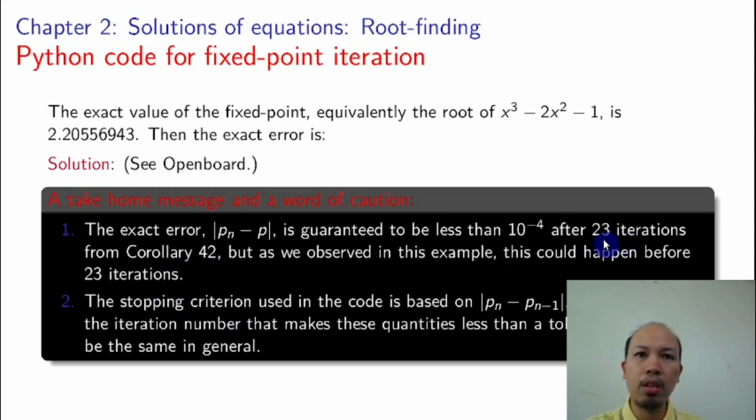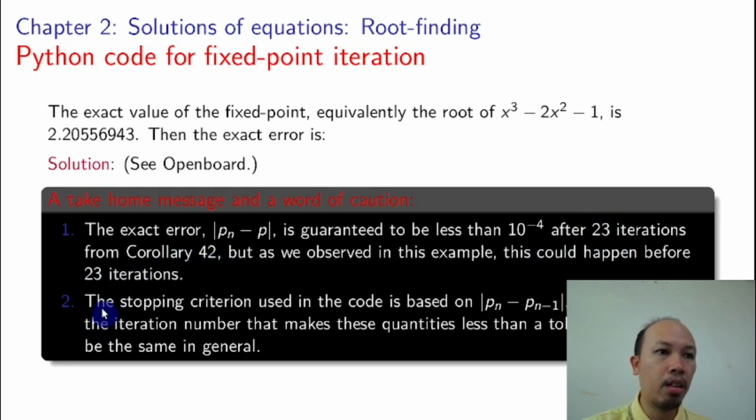This is 20, sorry, but this is 20. But as we observe in this example, this could happen before 20 iterations. So replace this in your notebook. This is 20 iterations based on our calculations in corollary 42 number 4.